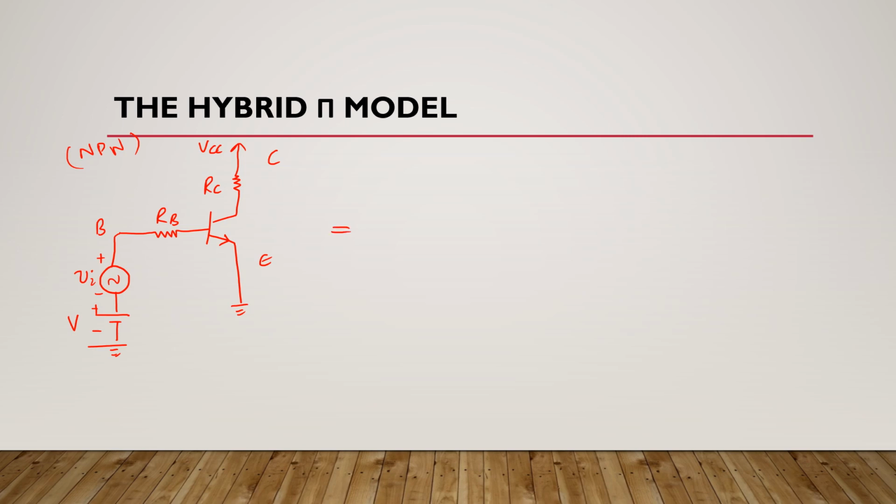Now if you want to draw its equivalent hybrid pi model, because you know that this is a small signal model, it means it is an AC model, and we know that when we are doing AC analysis all DC sources are grounded. It means the equivalent hybrid pi model of this configuration will be like this.